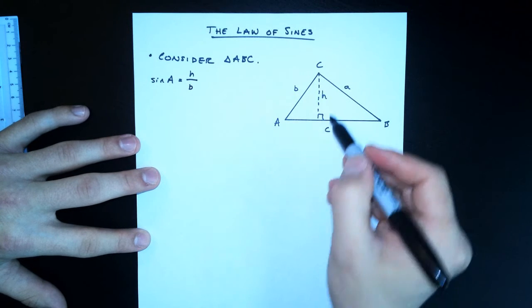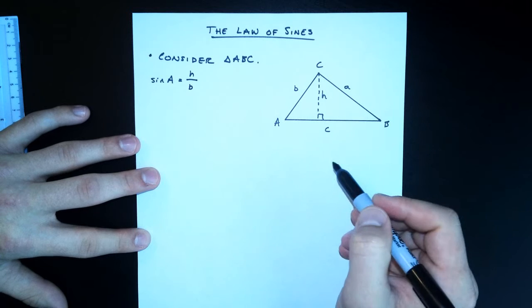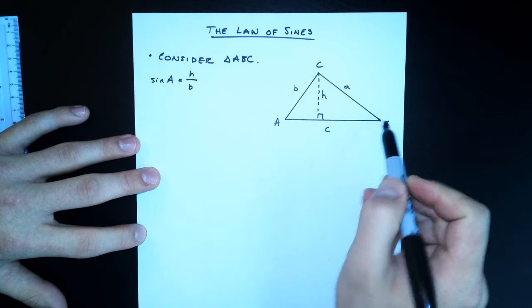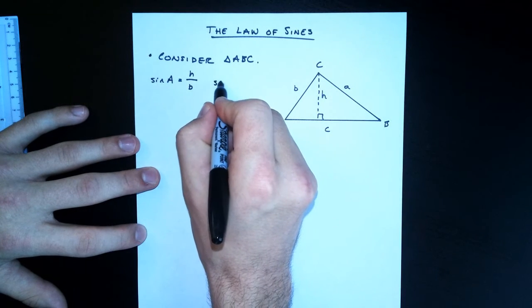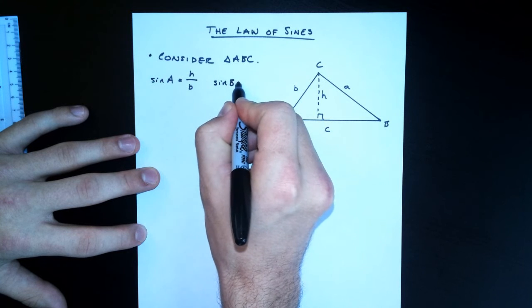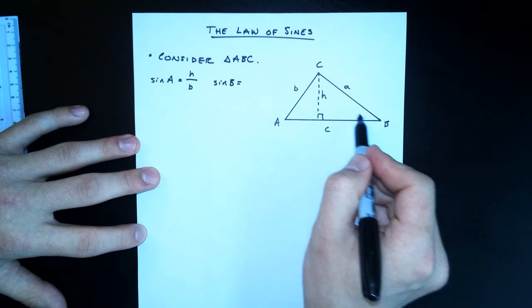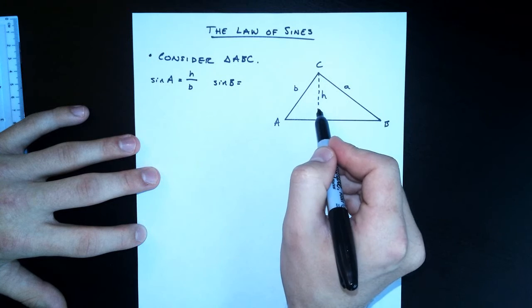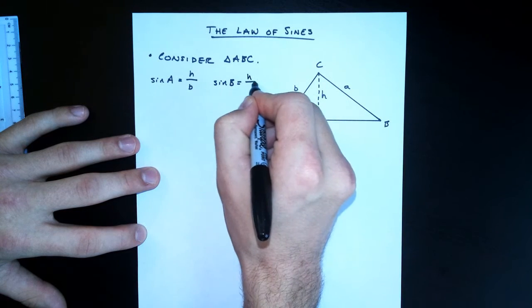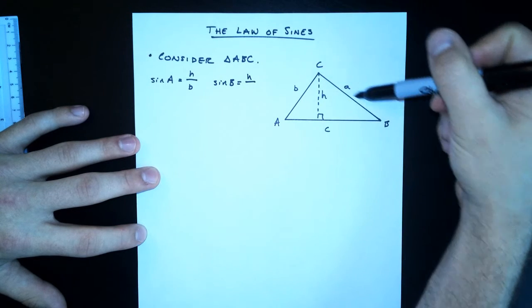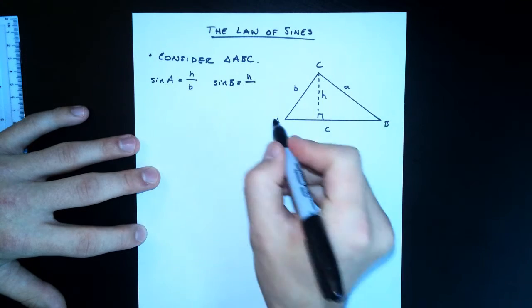Let's do the same thing for our second triangle on the right. So we're going to do the sine of angle B. Opposite to angle B is the altitude again, and the hypotenuse of this triangle on the right is side length a.